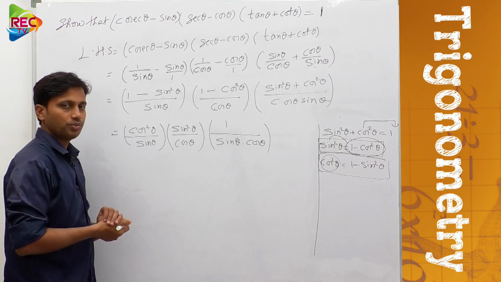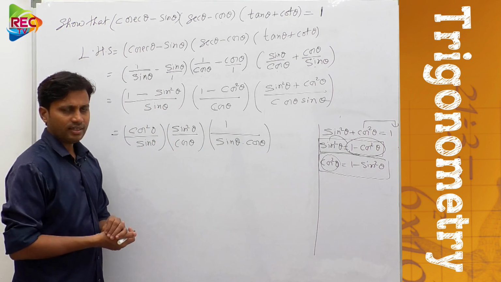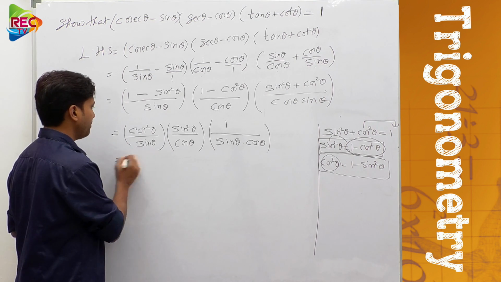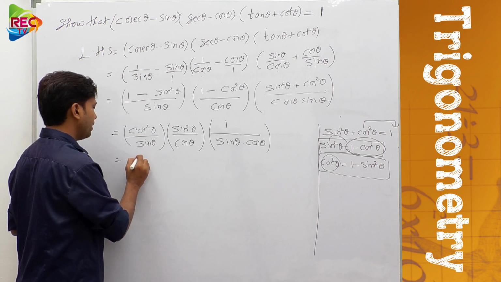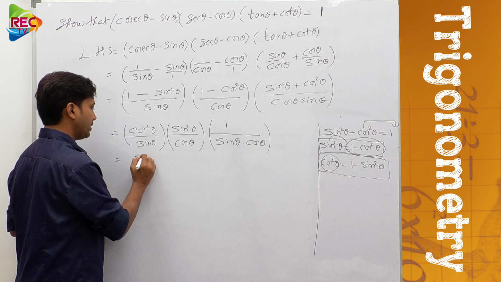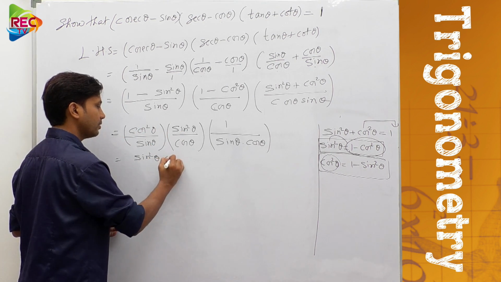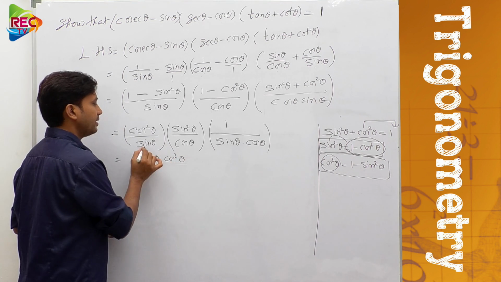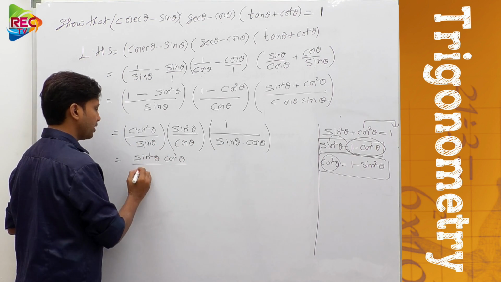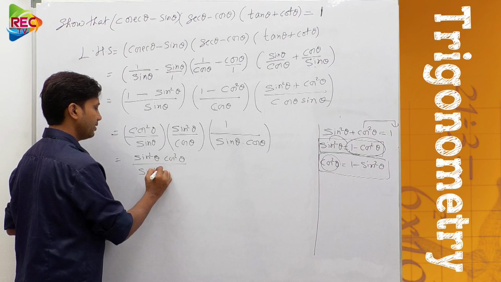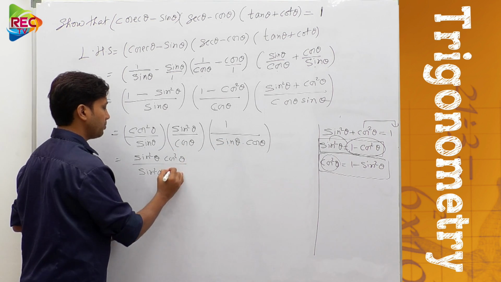Simply, from here you can cancel or just try to simplify. Here the numerator is sin square theta into cos square theta, since sin theta is multiplied two times, so sin square theta again, and cos theta into cos theta is cos square theta.